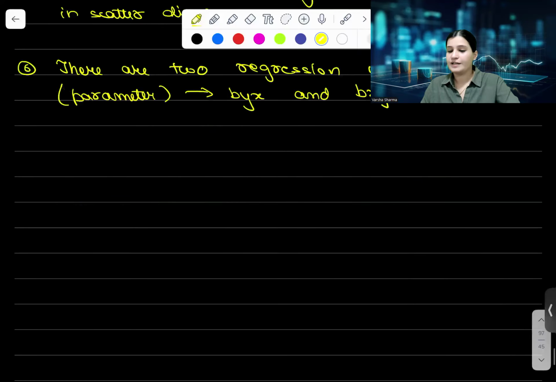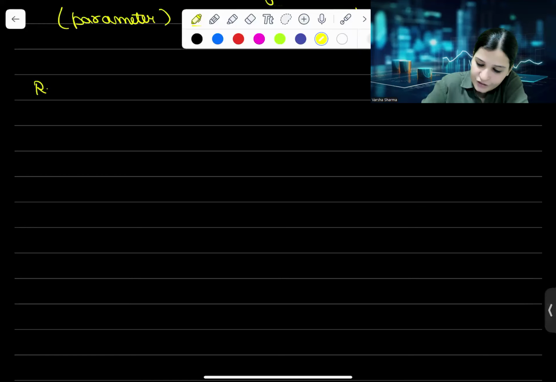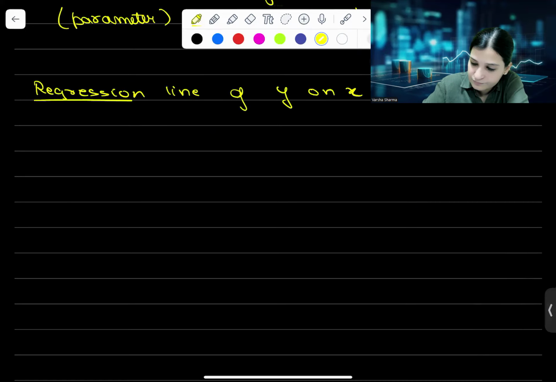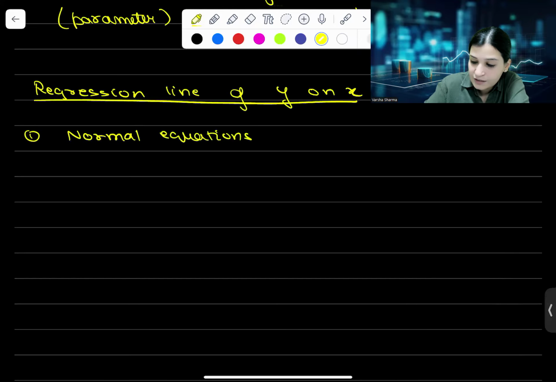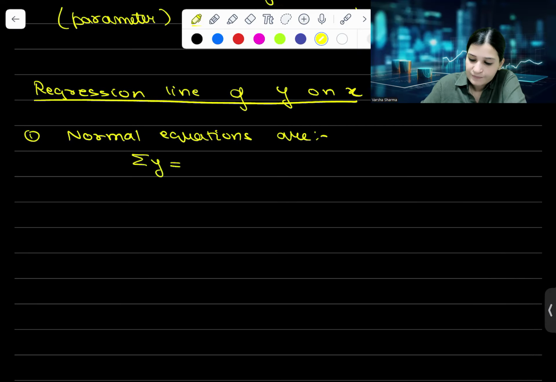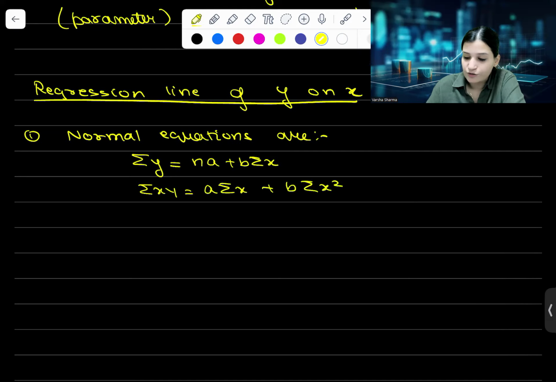Okay, so first, regression line of y on x. First, the normal equations. Number one is only theory, we don't use it. It is the equation from which the formula is obtained: summation y equals na plus b summation x, and summation xy equals a summation x plus b summation x square.